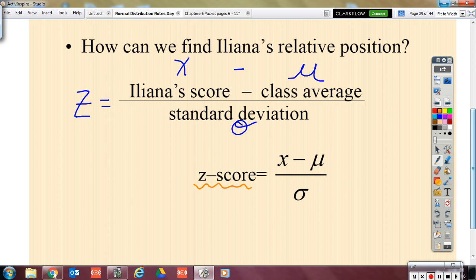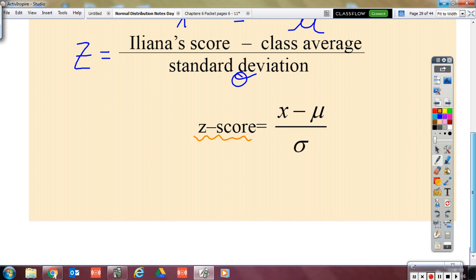Here's her relative position. She takes her score, compares it to the mean, the class average, and then divides by the standard deviation to see how many standard deviations there are. So x minus the mean over the standard deviation. That is how we can find Ileana's relative position for her school and then put her in that same spot here. That is called the z-score.